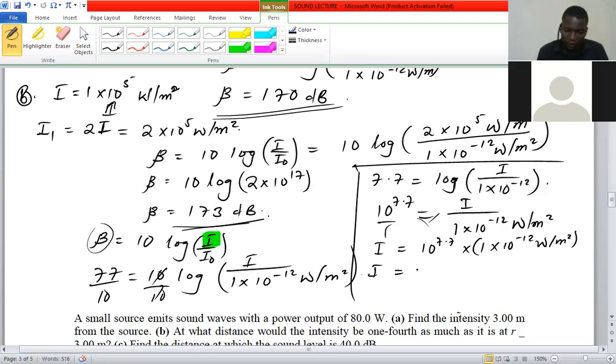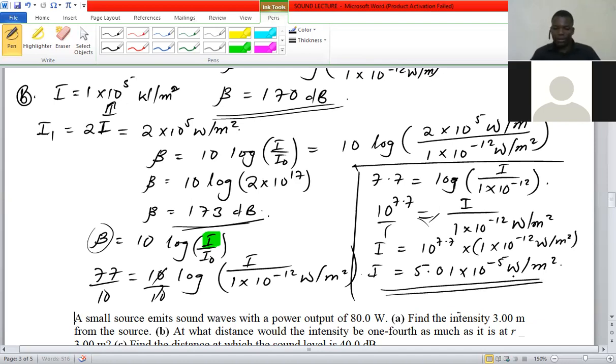So the intensity is 5.01 times 10 to the power negative 5 watt per square meter.